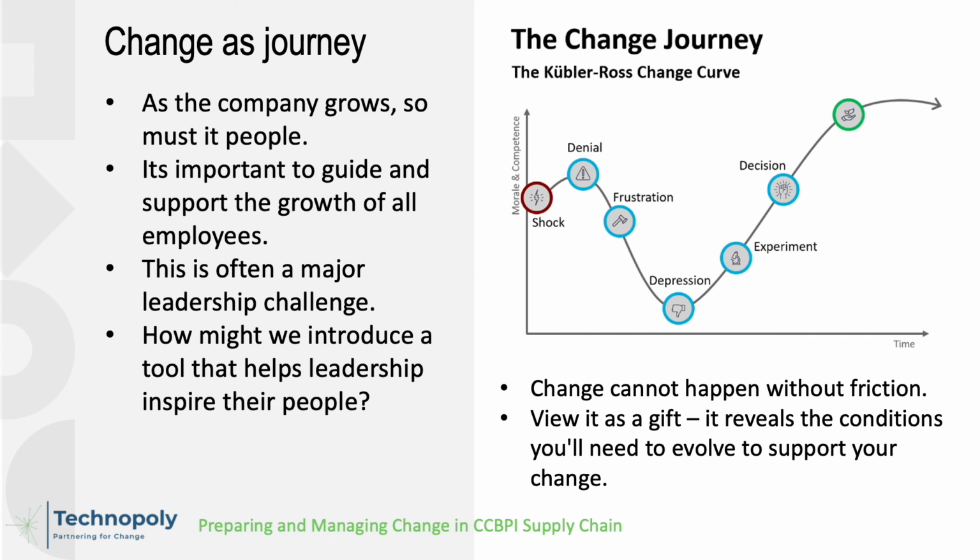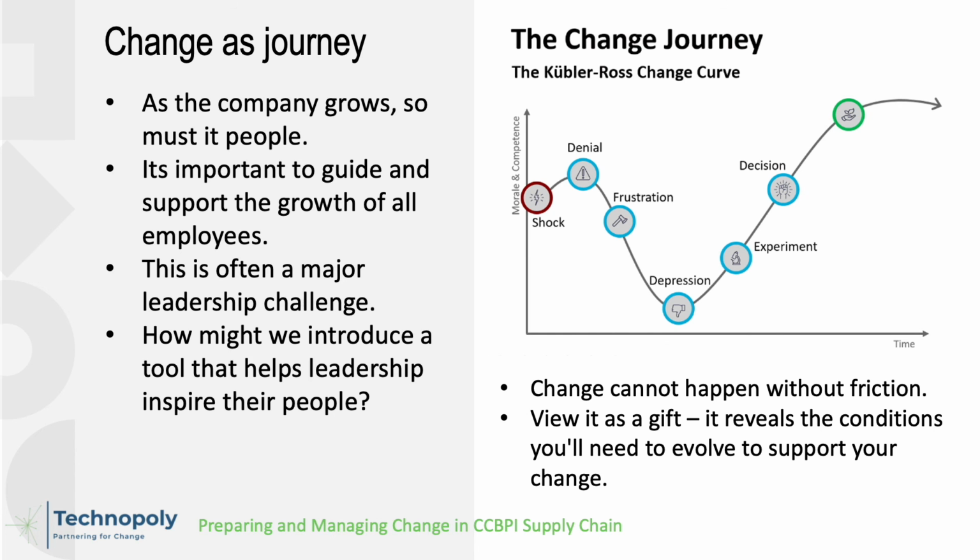So when we want to create the change and continue the change, we have to keep in mind that we have to also help the leaders on how they might inspire or how they can help sustain the changes at their level. Change cannot happen without friction.